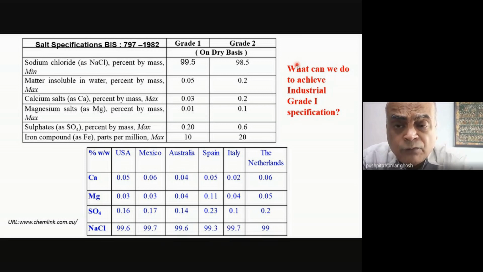But that's not true for industrial applications. In industrial applications, you need to minimize them to the maximum extent. Just to give you an idea, about 60 to 65% of all NaCl is consumed for industrial application, and about 35% goes for edible application, including making iodized salt and all the stuff.